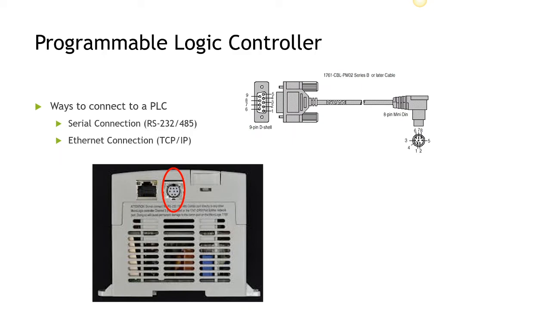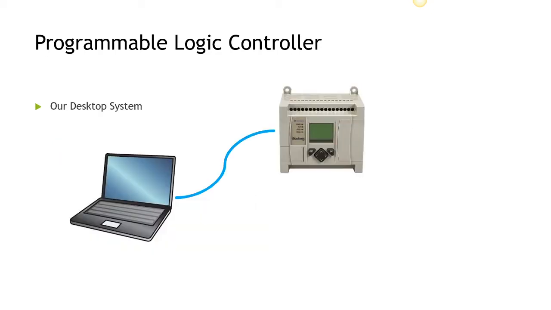Now, if you're connecting through an Ethernet connection, if you can hack into the local area network, you can probably get to the PLC, and then you can actually make some dangerous things happen. So if you only connect your computer to your PLC via a serial connection, there is some built-in security because of that. Our other option is through an Ethernet connection, which we're going to look at next.